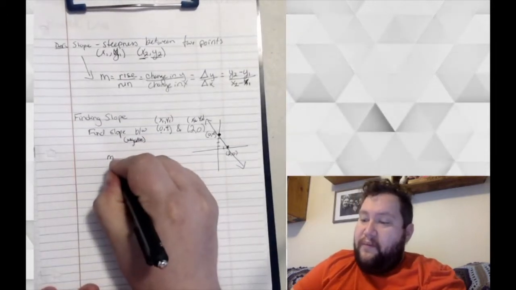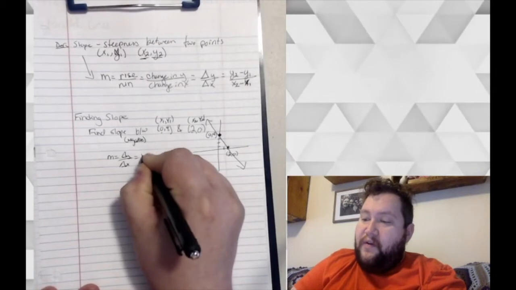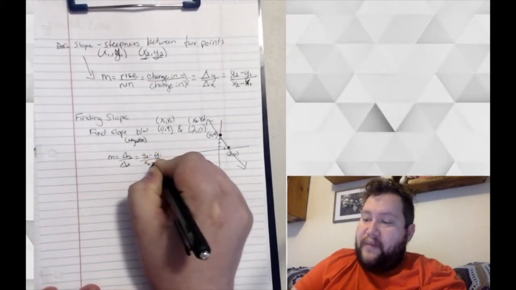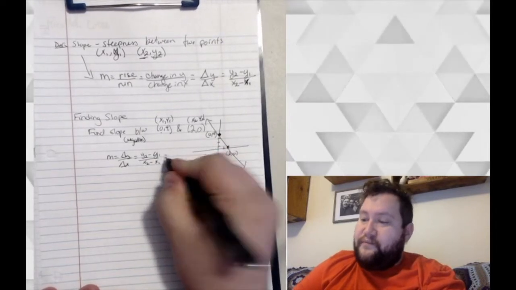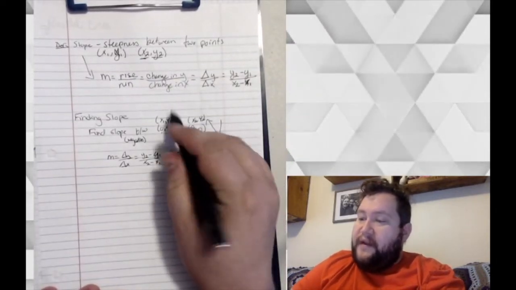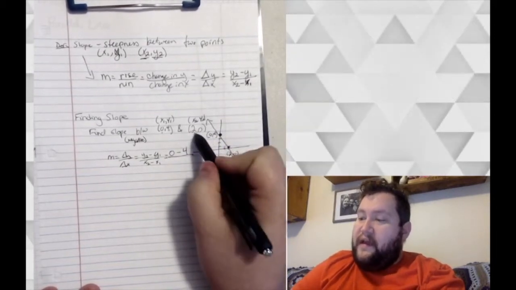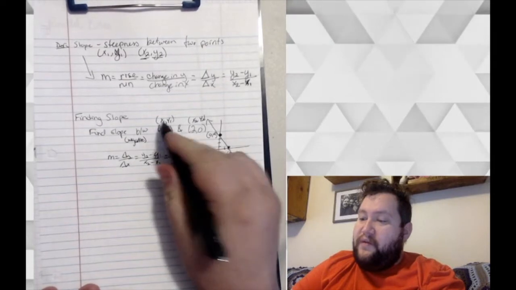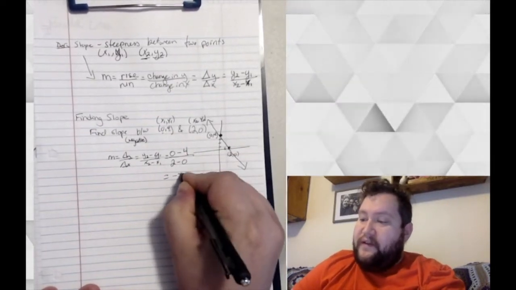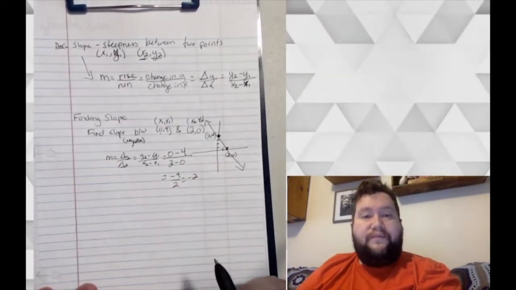So our slope is change in y over change in x. y2 minus y1 over x2 minus x1. y2 I said was 0 minus y1 is 4 over x2 is 2, x1 is 0. 0 minus 4 is negative 4 over 2, negative 2.